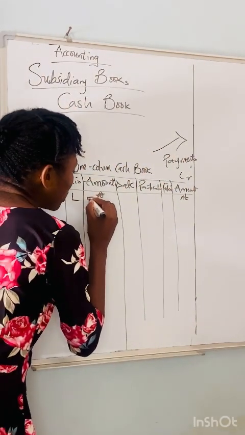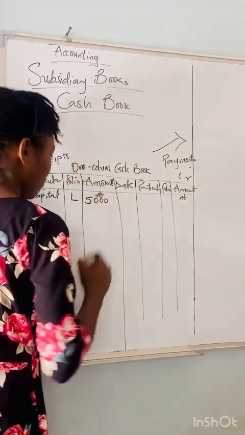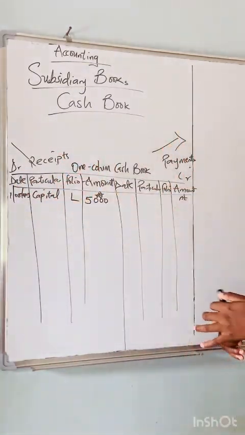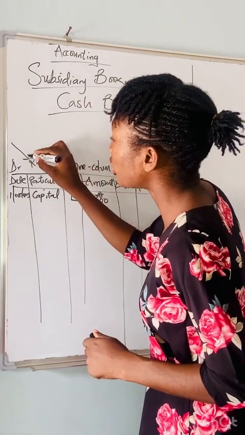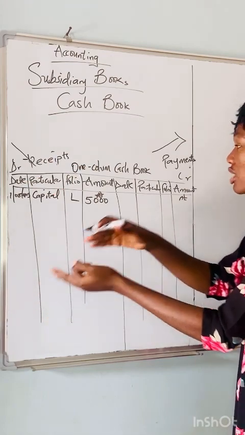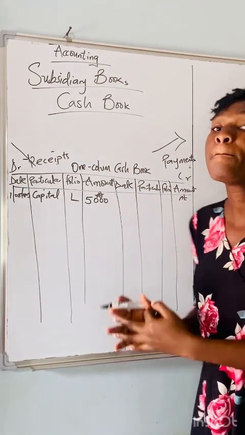So we'll be entering 5,000 naira under the amount. It's on the debit side because money came into the business. Like I said, this arrow should direct us: all the money that comes in, all the money that goes out. So we have our debit side for receipts and our credit side for payments.